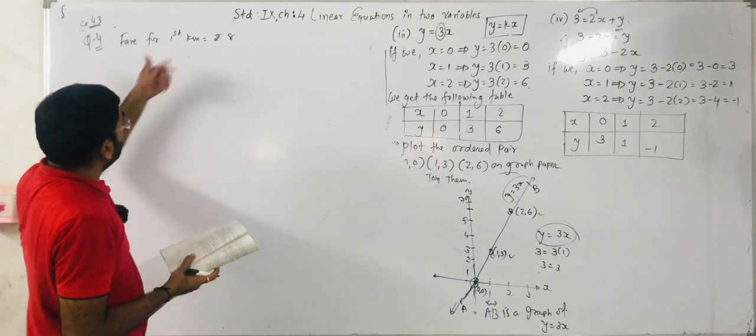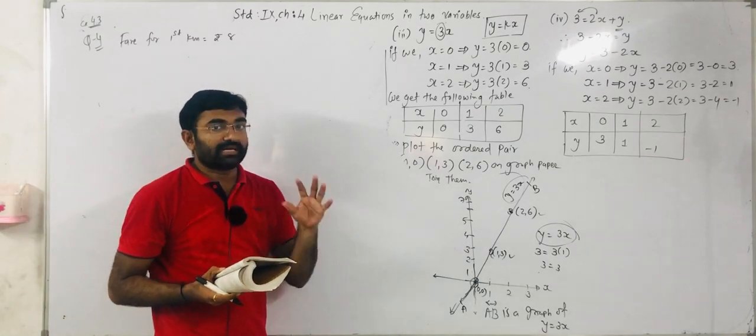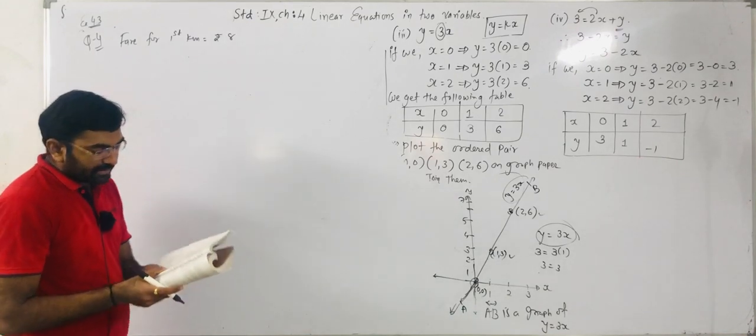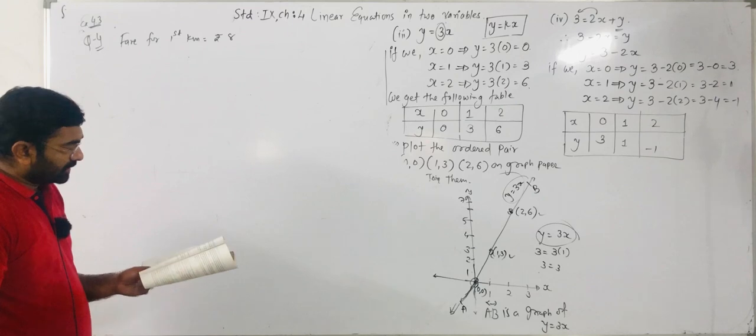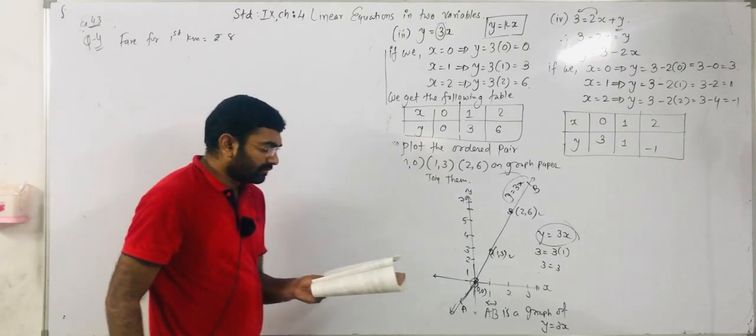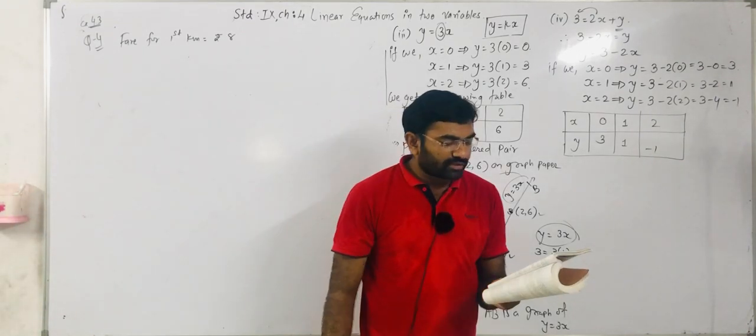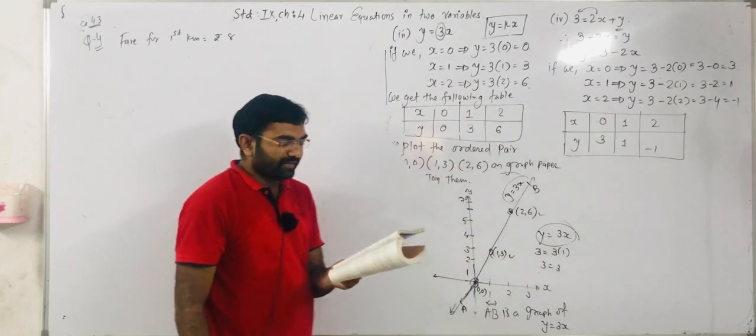After 1 kilometer you have to pay the per kilometer charge of 5 rupees. Then it is given, taking the distance as x kilometer and the total fare as y rupees, write down the linear equation for the information and draw its graph.